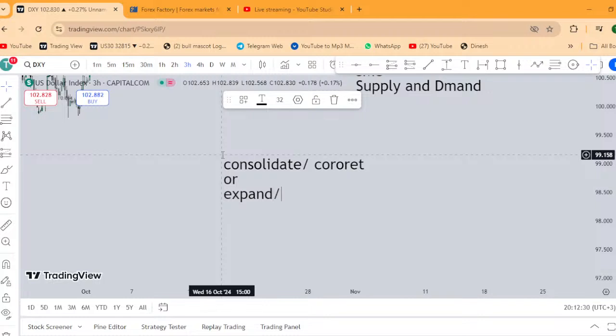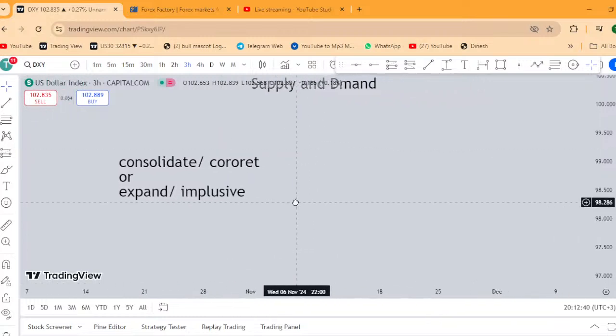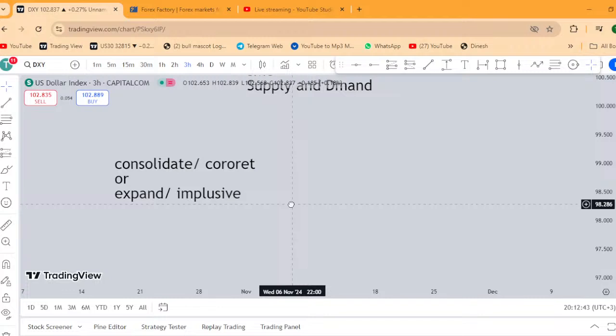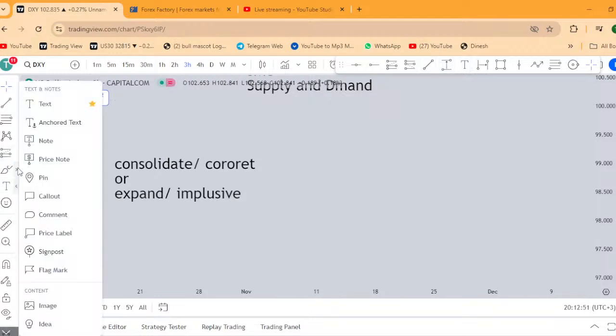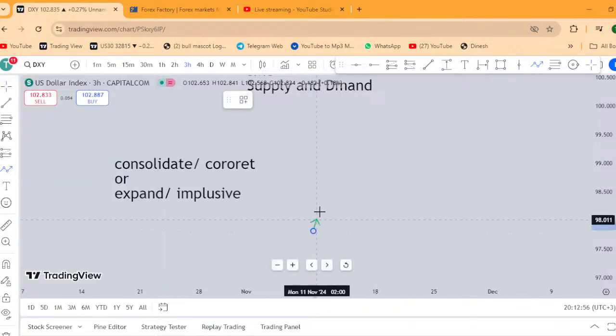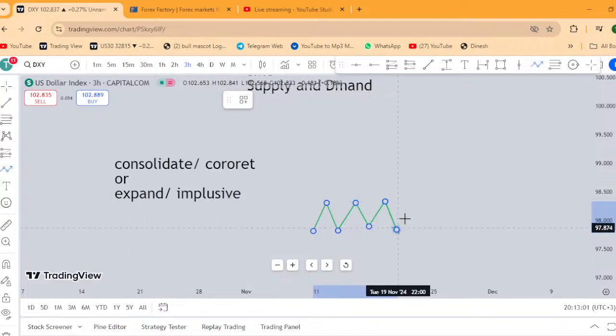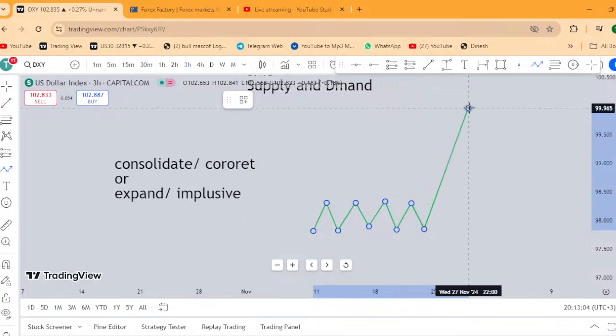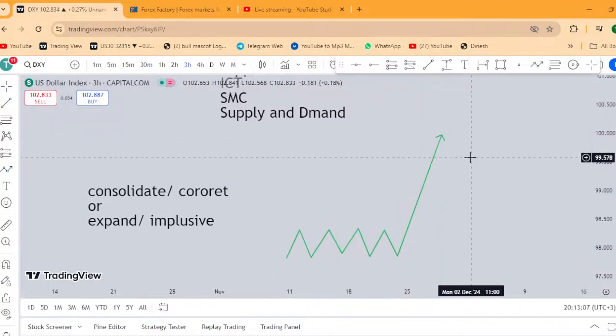Expand, you can call it impulsive. So the market will either consolidate, as you are seeing here, like this, then it will expand. That's how it moves, day in, day out.